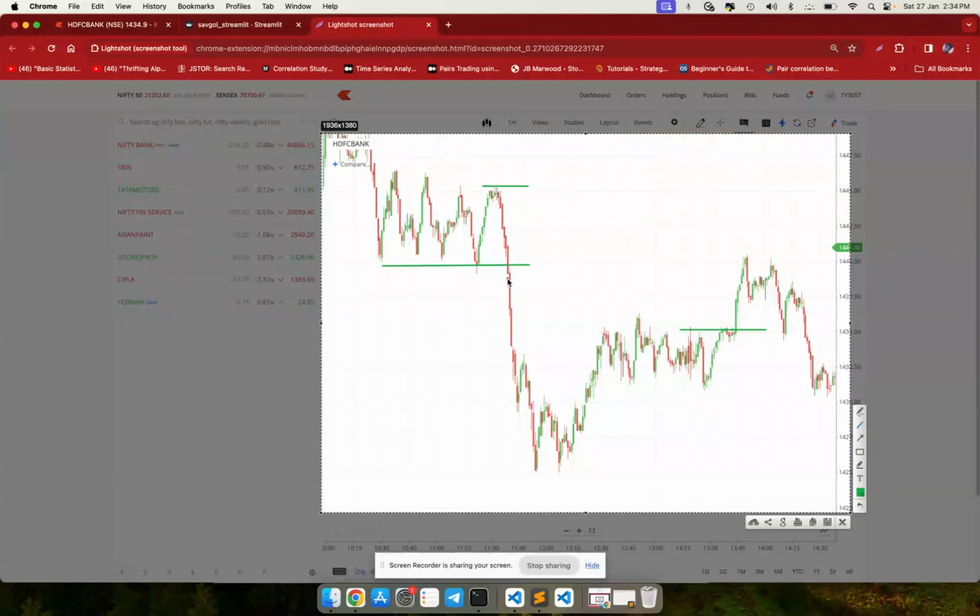If the stock reverses and hits this stop loss level, we will exit the trade. Otherwise, our stop loss level again will be this peak. As you can see, for an inverted U-shaped candle, the peak will be our stop loss since we are shorting, and since this level is not breached, we will again trail the stop loss for the subsequent levels, and then again here I think we should see an exit.